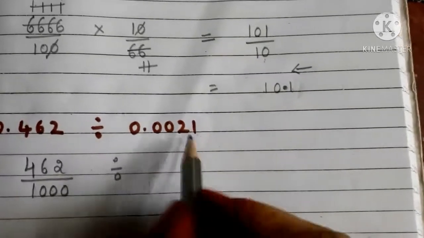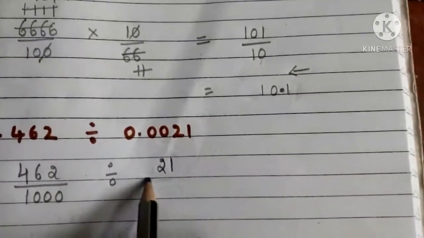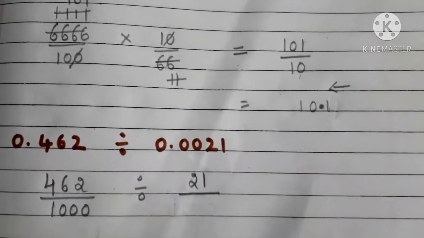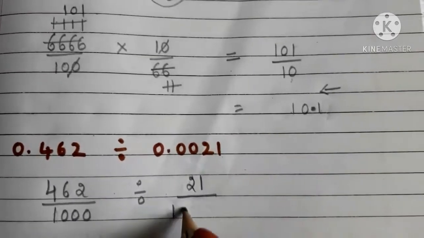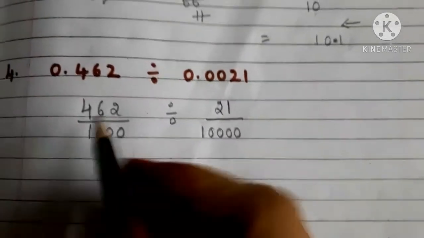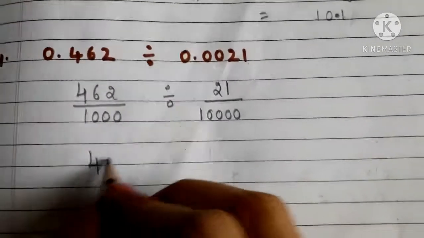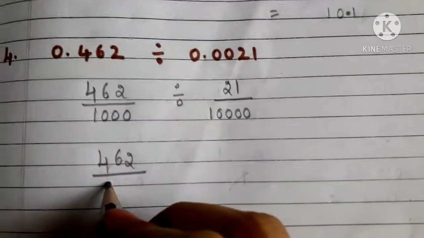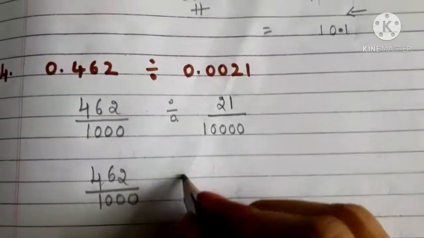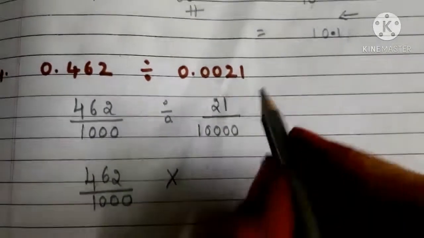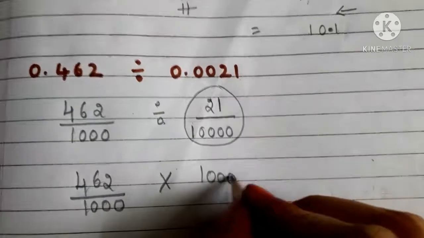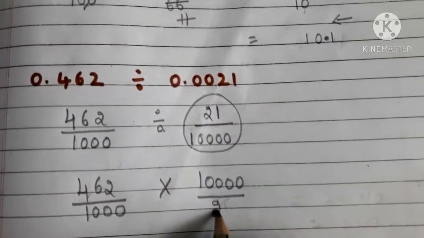Divided by, write 21, and decimal point after how many digits are there? 1, 2, 3, 4. 4 digits are there, right? So, write 10,000 in the denominator. Okay. Now, copy down this fraction 462 by 1000. Instead of division symbol, write multiplication symbol and write the reciprocal of this fraction, 10,000 by 21.